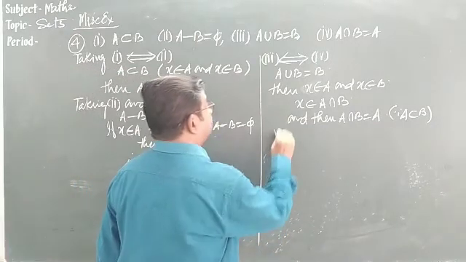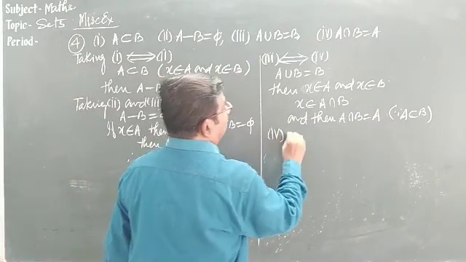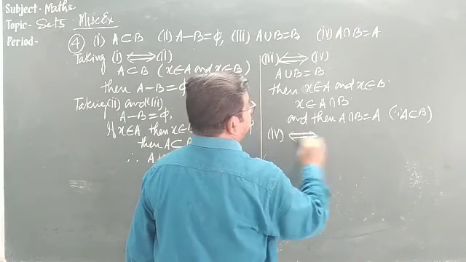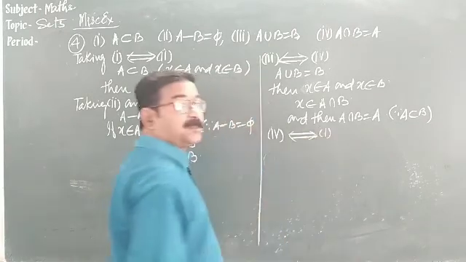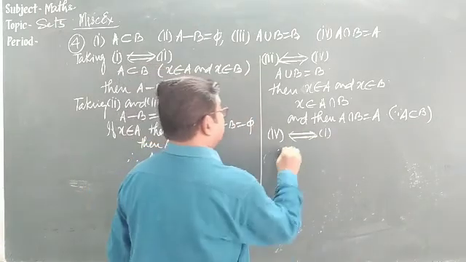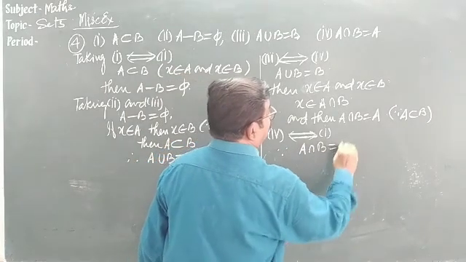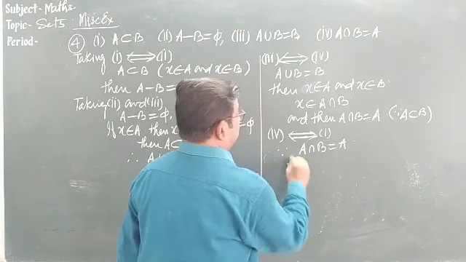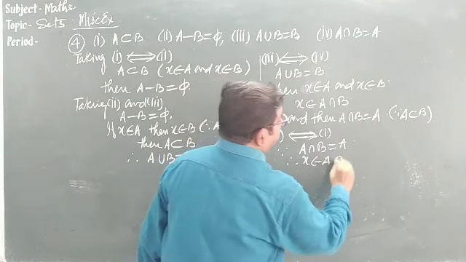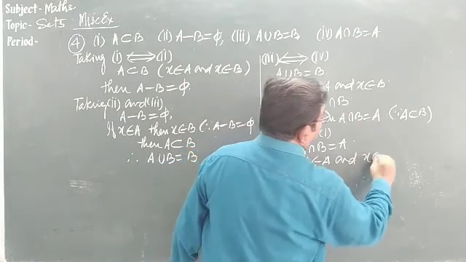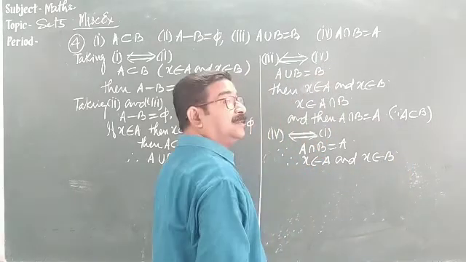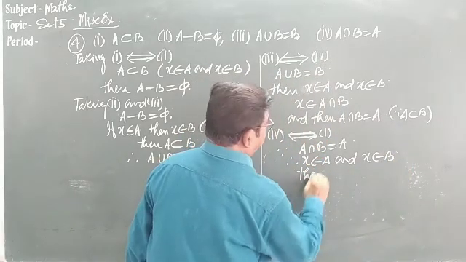Let's see fourth and first part. Since A intersection B is equal to A, means x belongs to A and x belongs to B, then what we have?